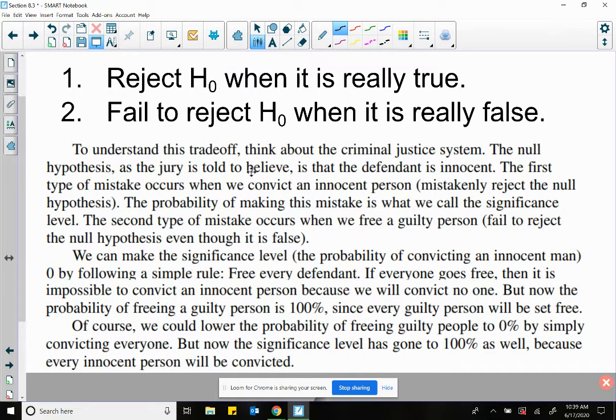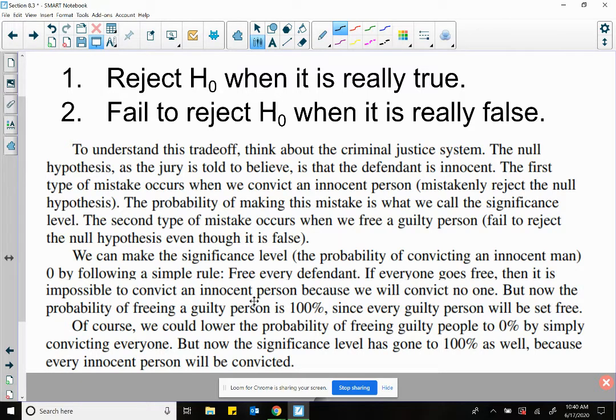So in this, we can make the significance level 0. We don't want to convict an innocent man. And we can do that by making it 0, simply by saying everybody goes free. Every defendant is free. But if everyone goes free, then it's impossible to convict an innocent person because we will convict no one.